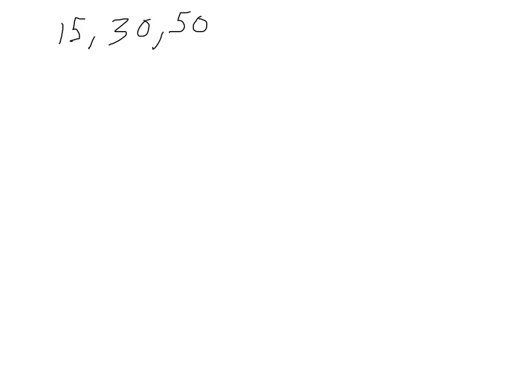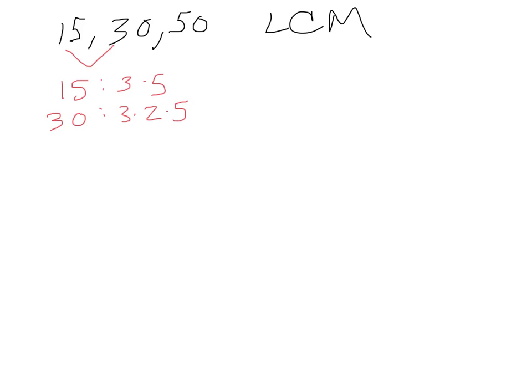Let's go ahead and try this one. Maybe pause the video and try this one yourself. To find the LCM between three ideas, like we have listed here, it's best to look at two at a time. So let's take 15's prime factorization, 3 times 5, and let's take 30's, which is 3 times 2 times 5.